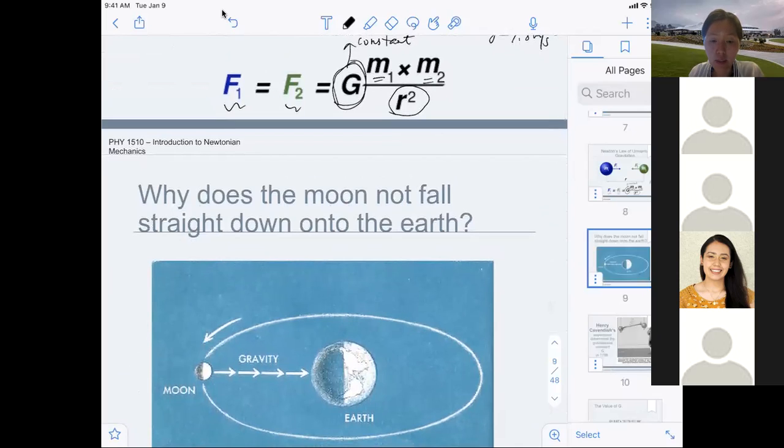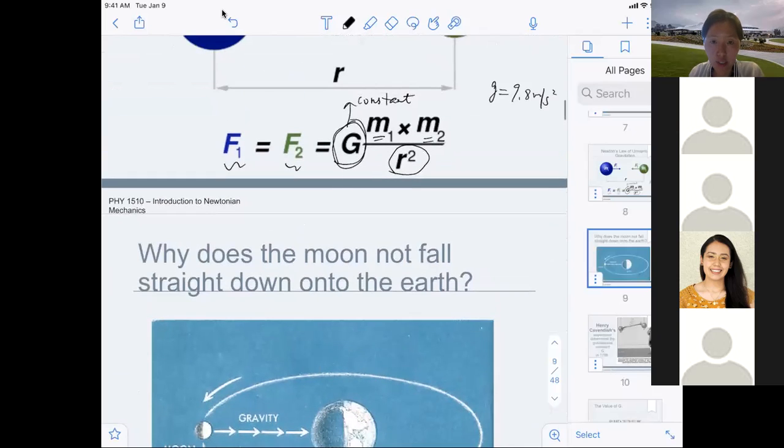so the only noticeable attraction that we can feel on Earth is the gravity exerted by the Earth, because the Earth has a very large mass, right? So when you multiply G by the very large mass, you have a force. That is your weight. But how come we don't notice any other attraction force around us?